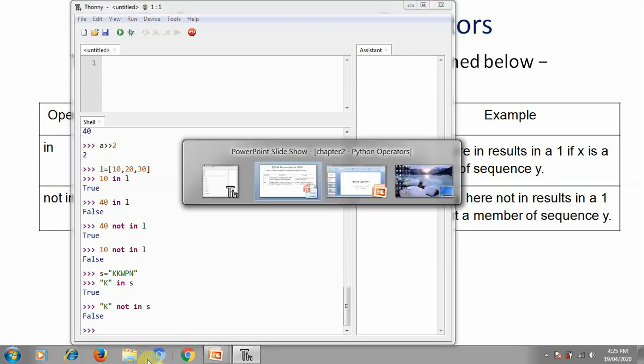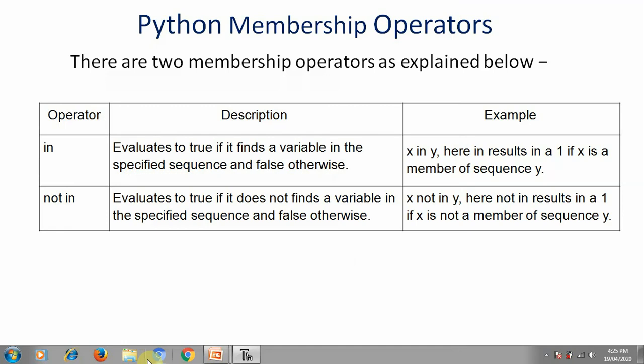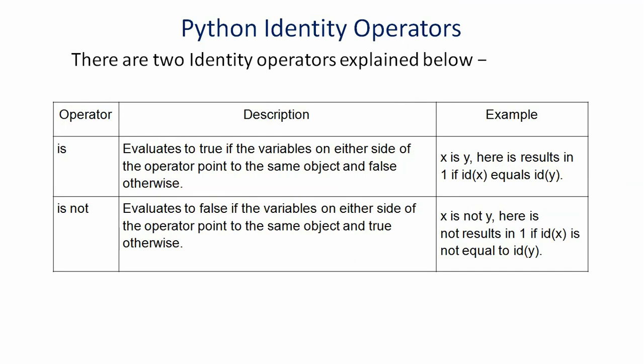The next operators are the identity operators. Python identity operators are is and is not. Python identity operators compare two references to check whether they point to the same memory location or not. Is evaluates to true if the variables on either side of the operator point to the same object, and false otherwise.